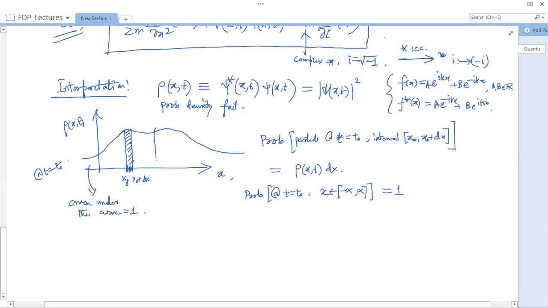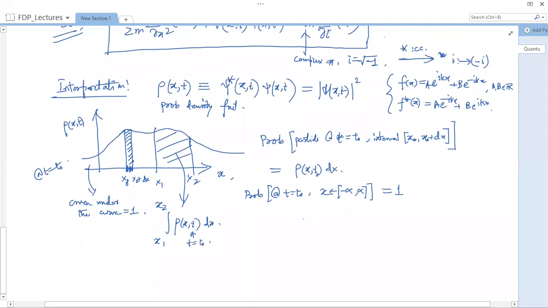The probability of finding the particle between x1 and x2 is given by the area under the curve between x1 and x2, the integral from x1 to x2 of rho of xt dx, at t equal to t naught, so you will put t naught here.